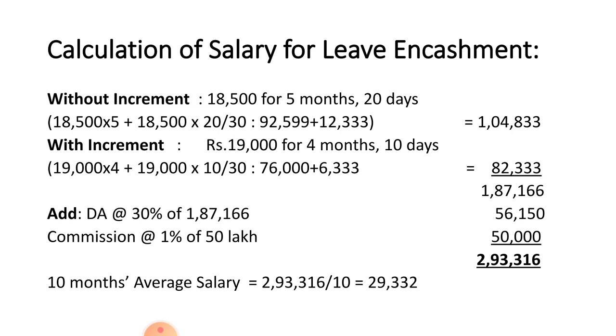To that you have to add DA at 30% of the basic, that amounts to rupees 56,150, and commission at the rate of 1%, 50,000. So the total salary for 10 months amounts to rupees 2,93,316. Average salary for 10 months amounts to rupees 29,332. That is a rounded-off figure.